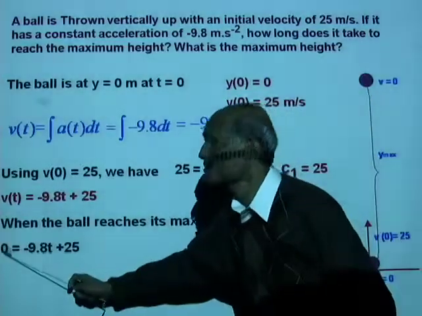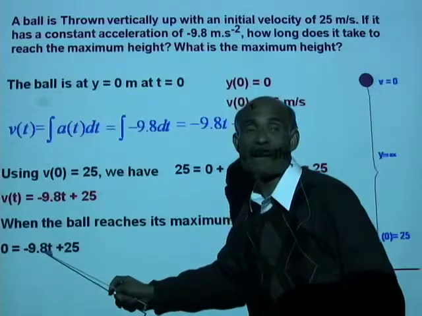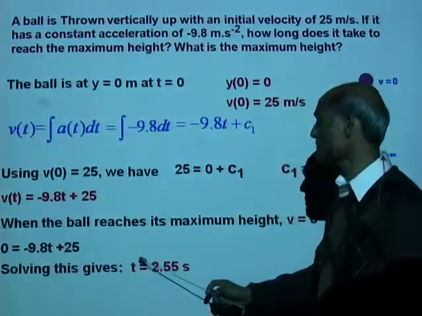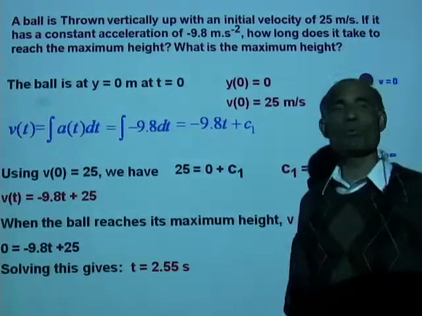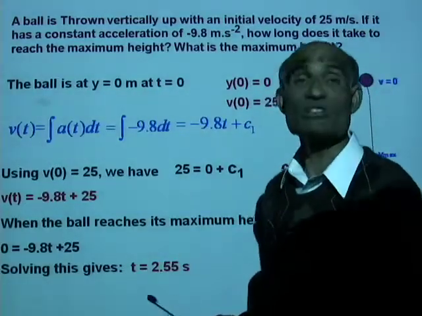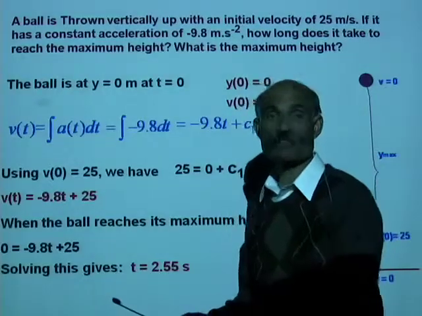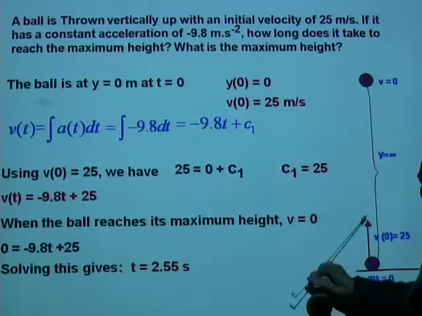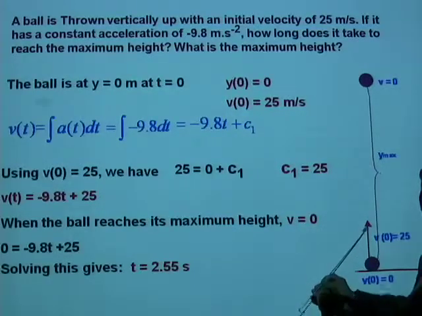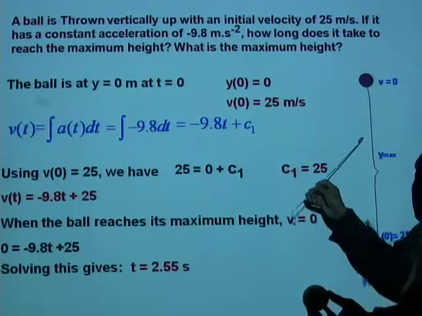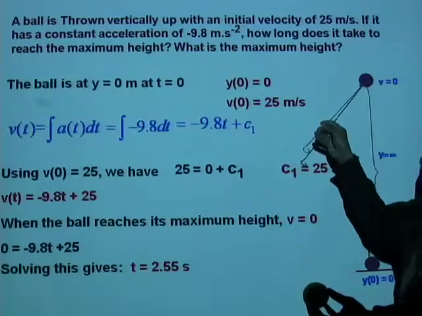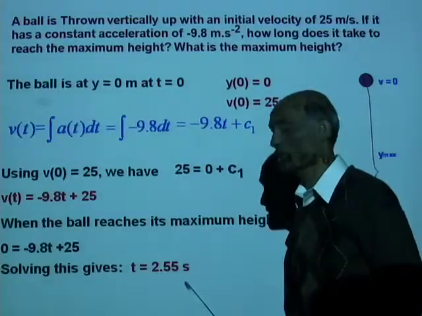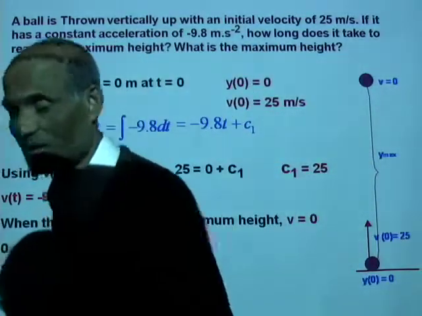So, we would say 0 equal to negative 9.8 t plus 25. And solve for t from there, t equal to 2.55 seconds. It means as you throw it up, the velocity initially is 25 meters per second. The velocity will decrease, decrease, decrease, become 0 there. And the time taken for that is 2.55 seconds.